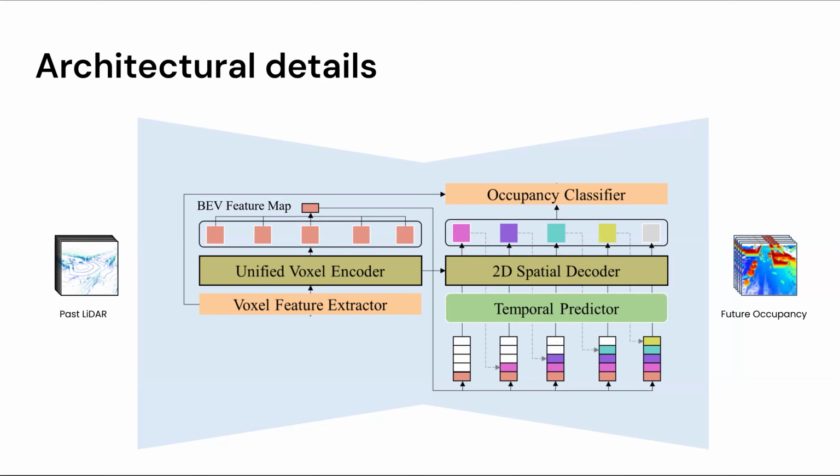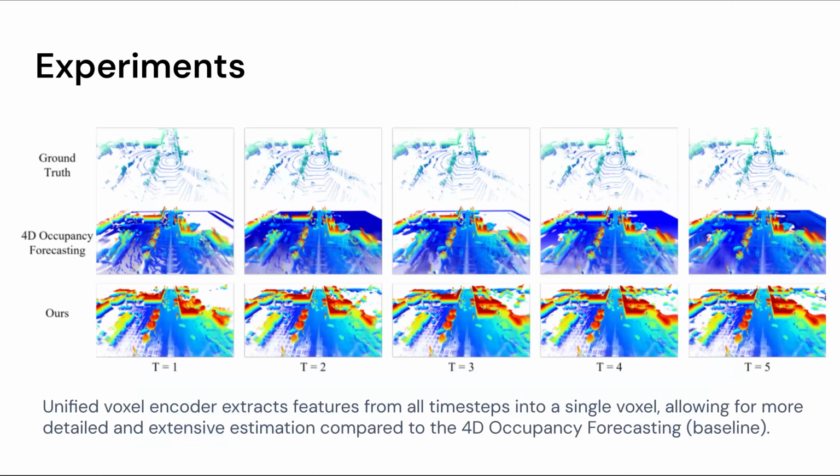And then finally, there's an occupancy classification layer, which classifies each voxel of the future occupancy grids into whether the voxel is occupied or not. And this is surprisingly effective in capturing dense information about the occupancy of the world as compared to last year's baseline, which was 4D-Occ, as you can see here.